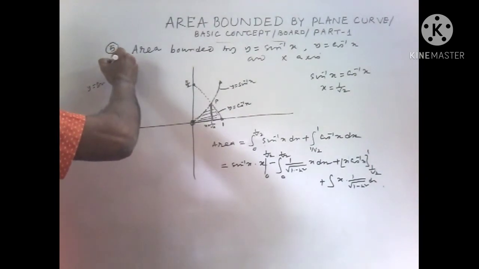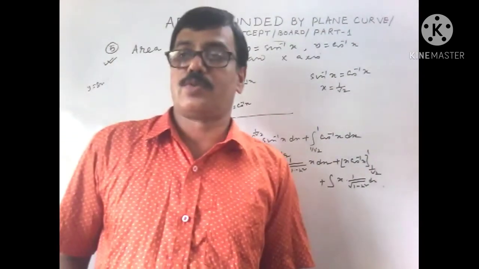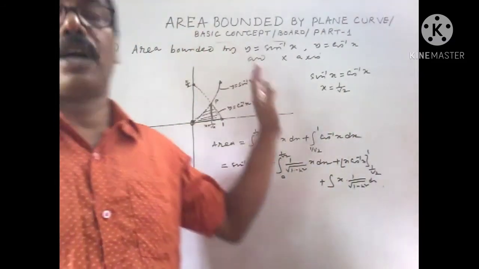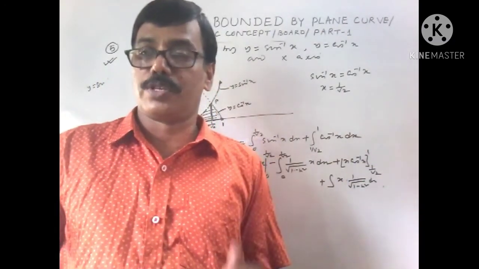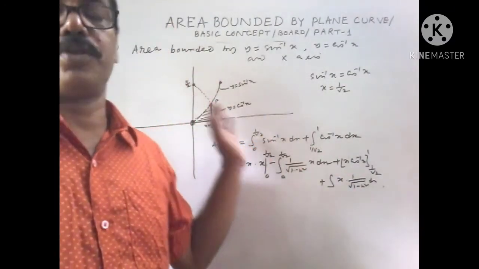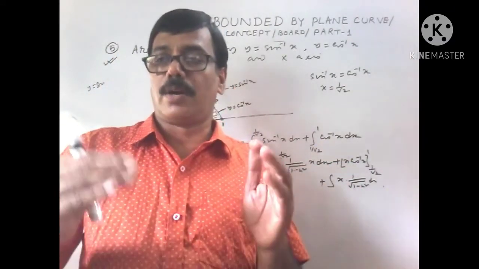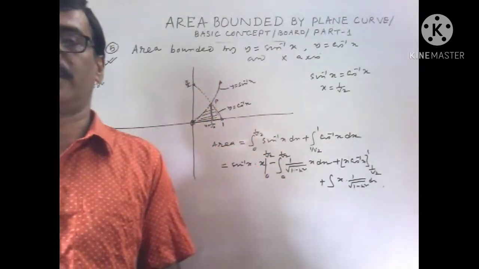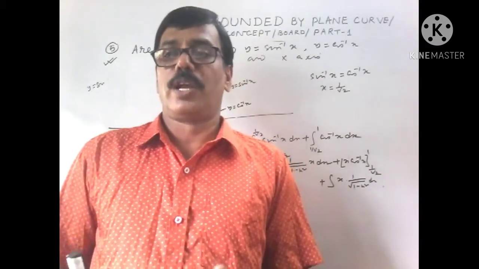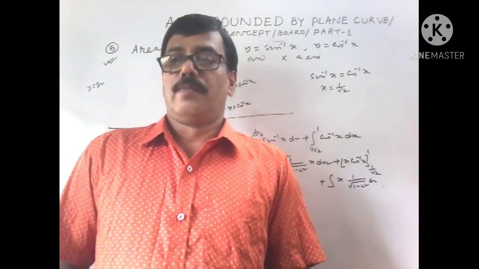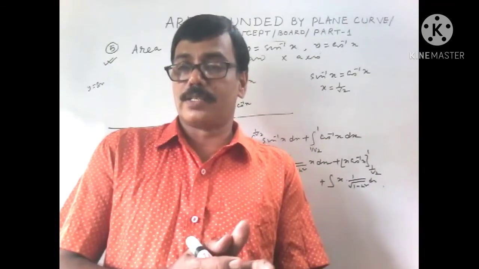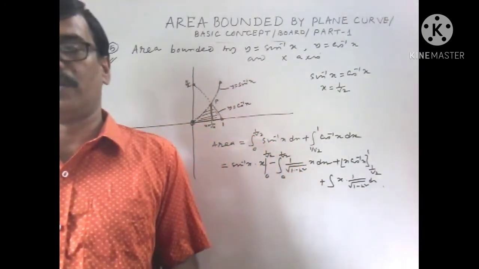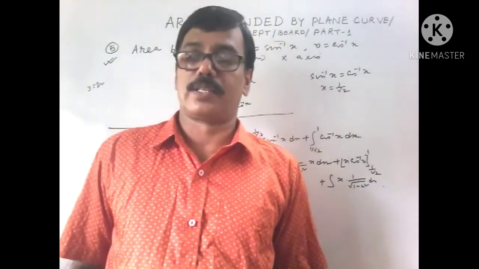So we have discussed today how to find the area of a plane curve. We have considered 5 possible cases. Number 1, area bounded by a single curve, 2 ordinates and the x-axis. Number 2, area bounded by the y-axis, y equals c, y equals d and x equals phi(y).